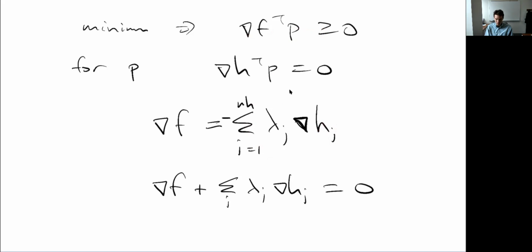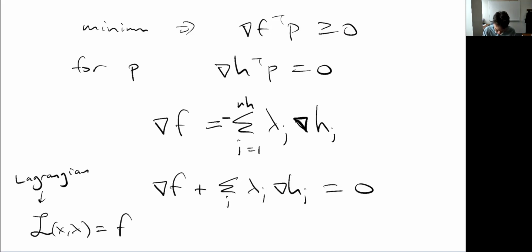Okay, so this is actually really convenient, the way we've written this here at the bottom. What we're going to do is define this function L, a script L, and we call this the Lagrangian. So if I define the Lagrangian, this is the Lagrangian. It is equal to f of x plus the sum of lambda times h of x, okay?